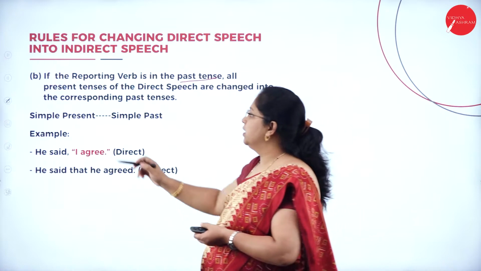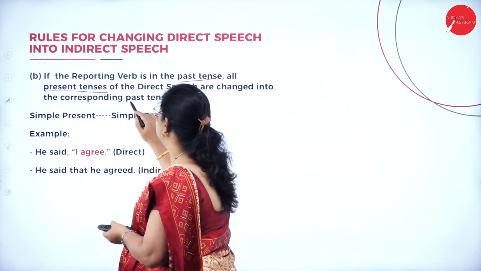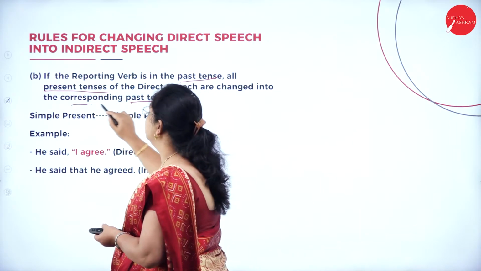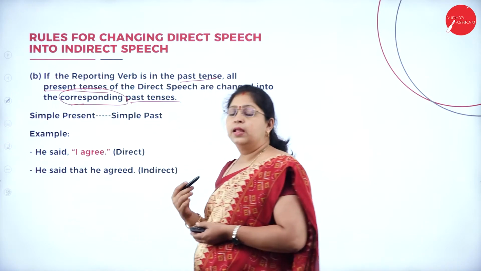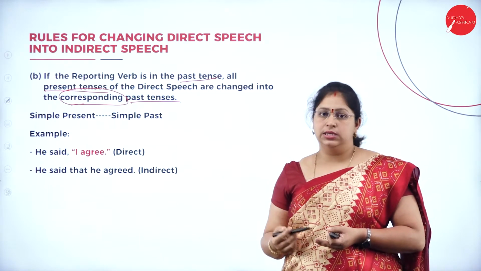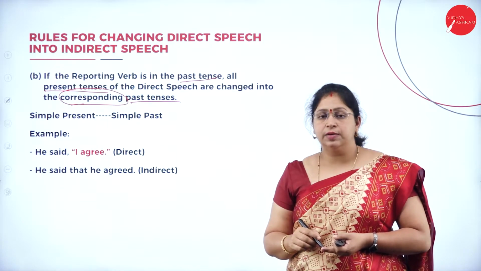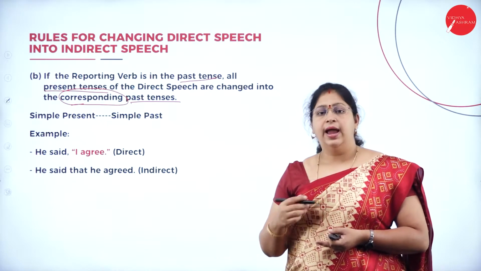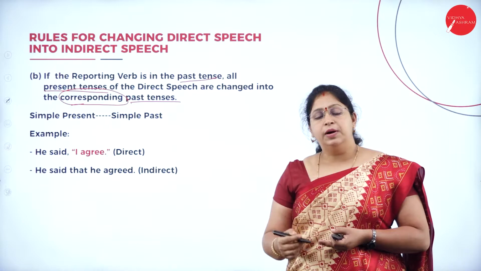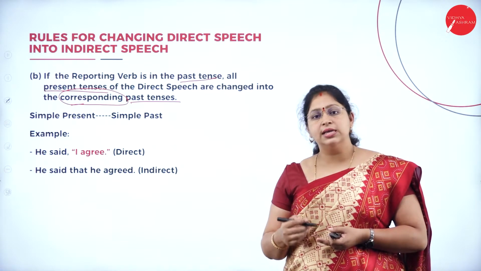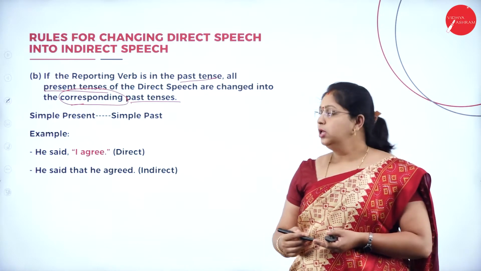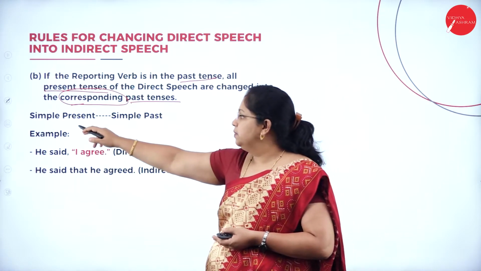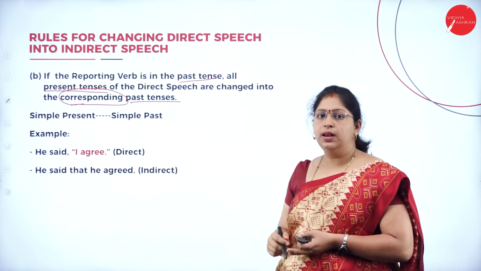So, whichever are in the present tense will change to the corresponding. Present continuous becomes past continuous, present perfect becomes past perfect, and present perfect continuous changes to past perfect continuous. Let us see here, simple present becomes simple past.